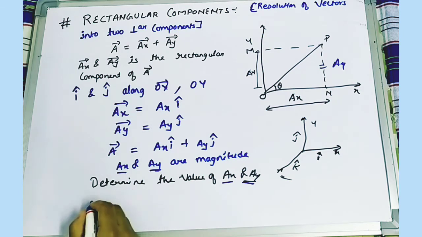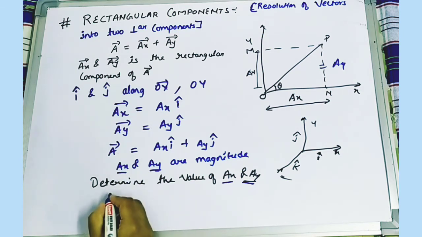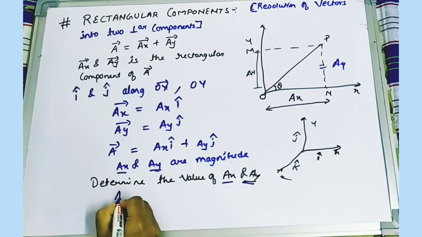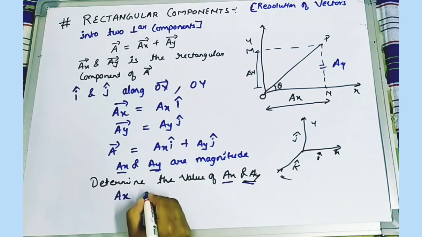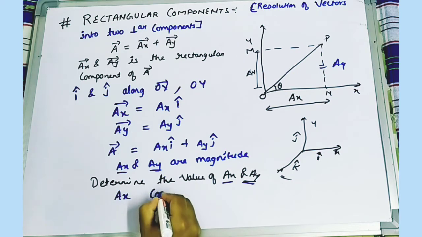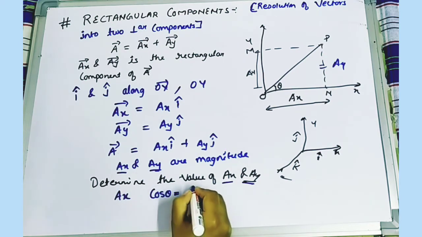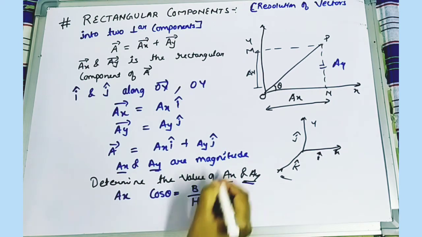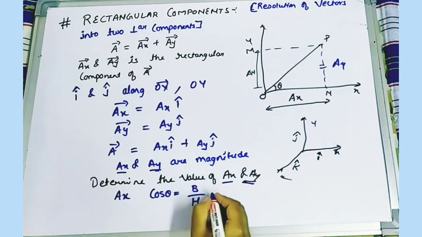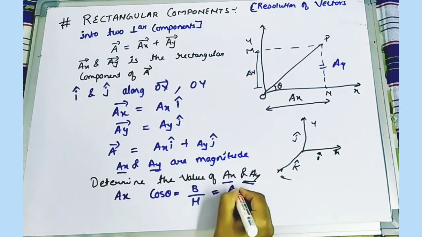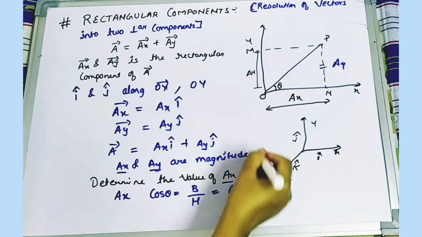Suppose I need to find the value of my AX. If I use the trigonometric ratios, cos theta is what? Cos theta is base upon hypotenuse. If you see this triangle, what is my base? That is AX, and what is my hypotenuse?